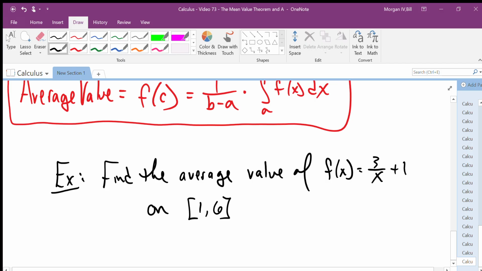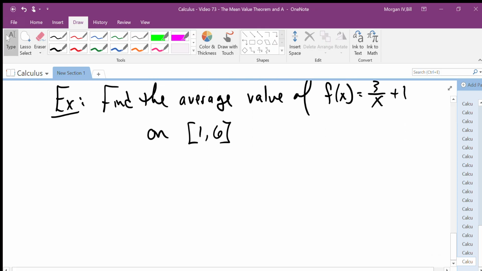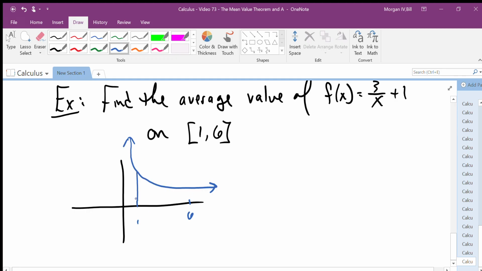Find the average value of f of x equals 3 over x plus 1 on the interval 1 to 6. So 3 over x plus 1, that is a curve on the interval 1 to 6. If I'm just freehand drawing, 3 over x would look like this. Add 1, it would move up by 1, like that. From 1 to 6, we get an area under the curve.